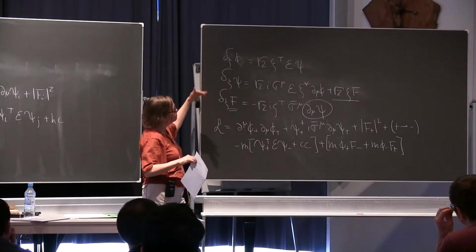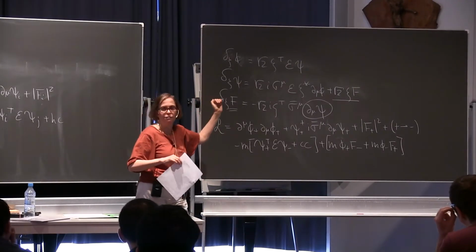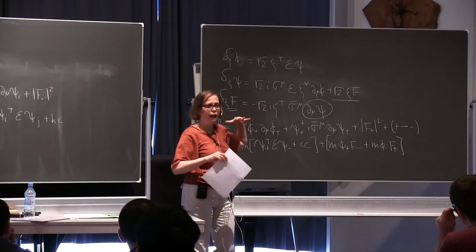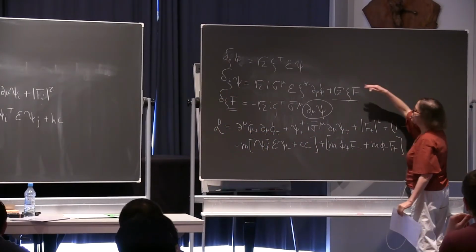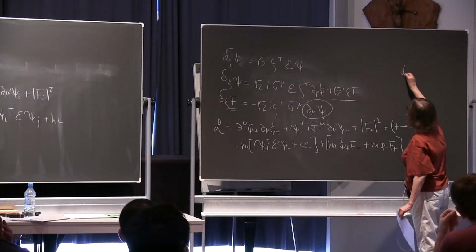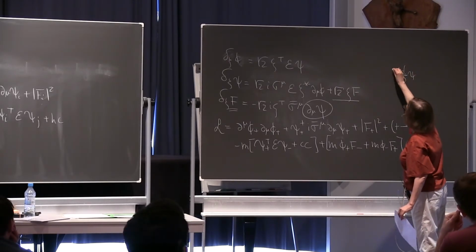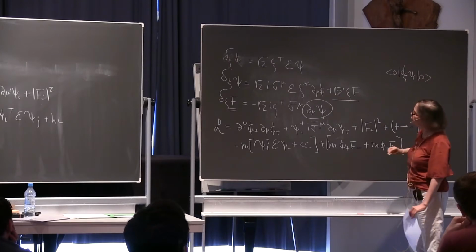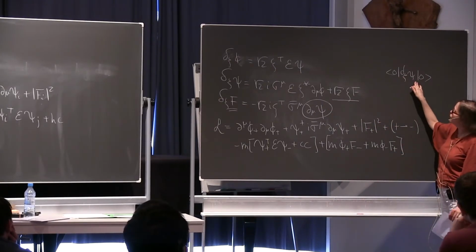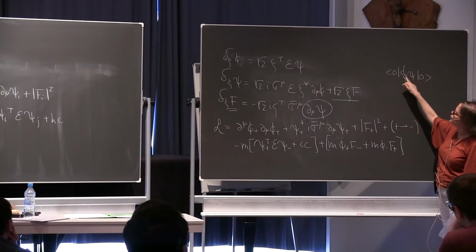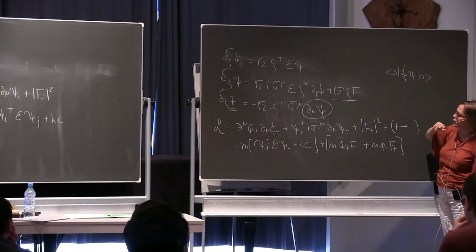So the question is, which one of these guys can get an expectation value? If I look at δ_ξ ψ in the ground state, this guy can get an expectation value because this is a fermion, so the transformation of a fermion is a scalar.